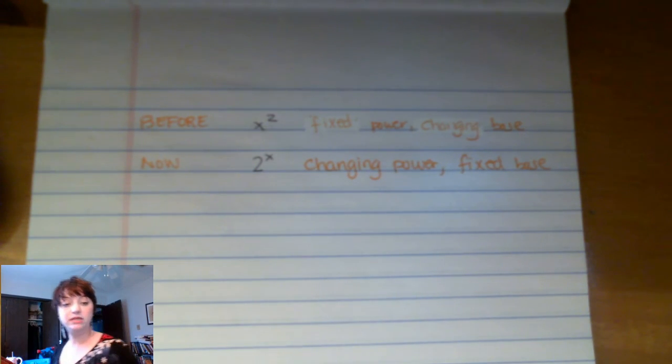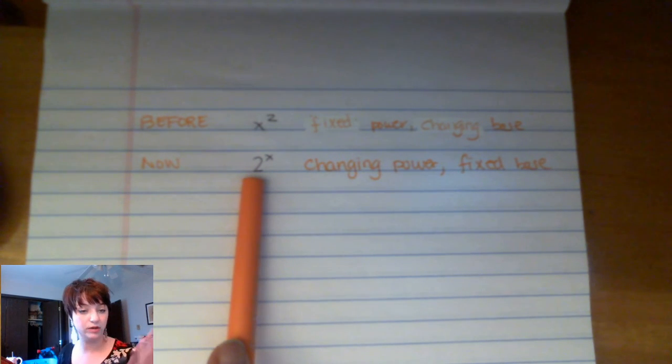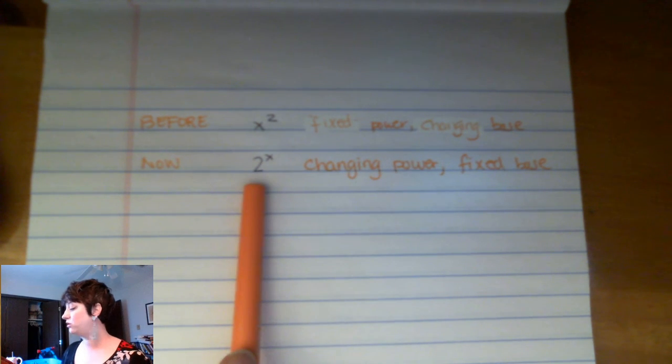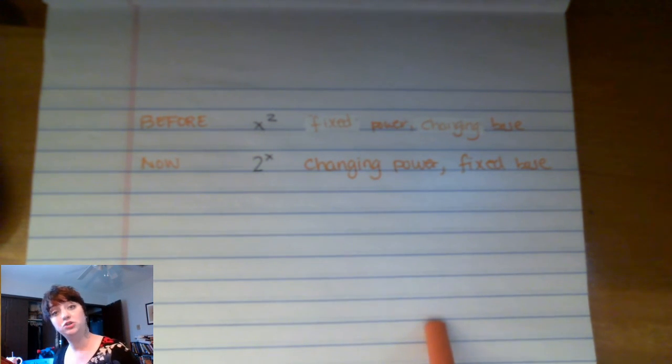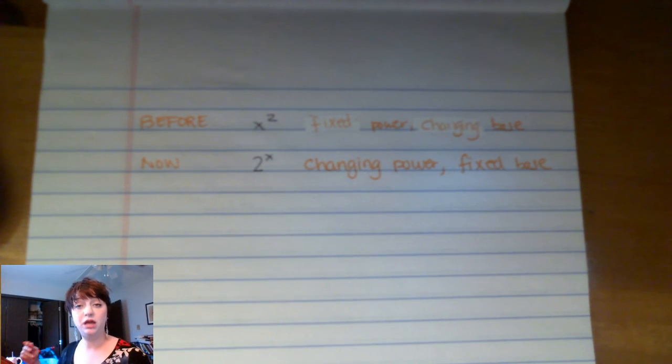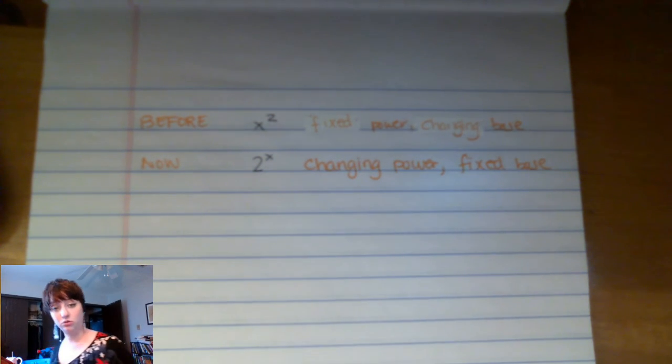Before, I would take various numbers, 2, -30, 1.5, and always square it, meaning thing times itself every time. What's different now is I'm only ever going to work with the number 2 or 3 or whatever my base is, but I'm going to raise it to different powers: 2 squared, 2 to the 5th, 2 to the 29th, 2 to the -3rd. So I'm going to be multiplying it a different number of times depending on what power I pick. That's the difference between what we were doing and what we are going to do now.